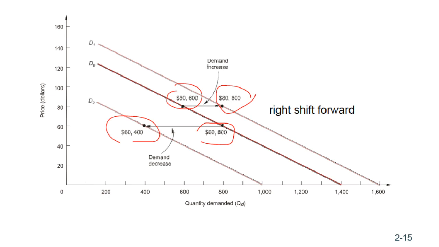It's a flat shift because we kept the price the same. We kept all the other variables the same. All that's affected is quantity demanded. So this is a left shift back. I'm saying it both ways.